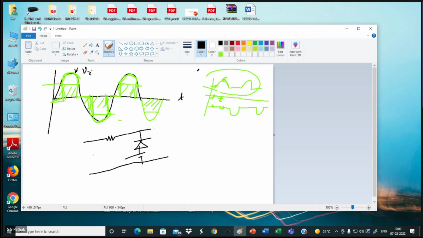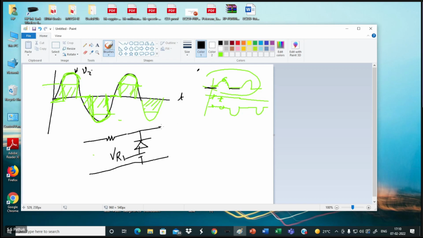Remember, in the previous clipping, this diode was inverted. Okay, so this is my VR1. VR1 will give me this level. This is my VR1.